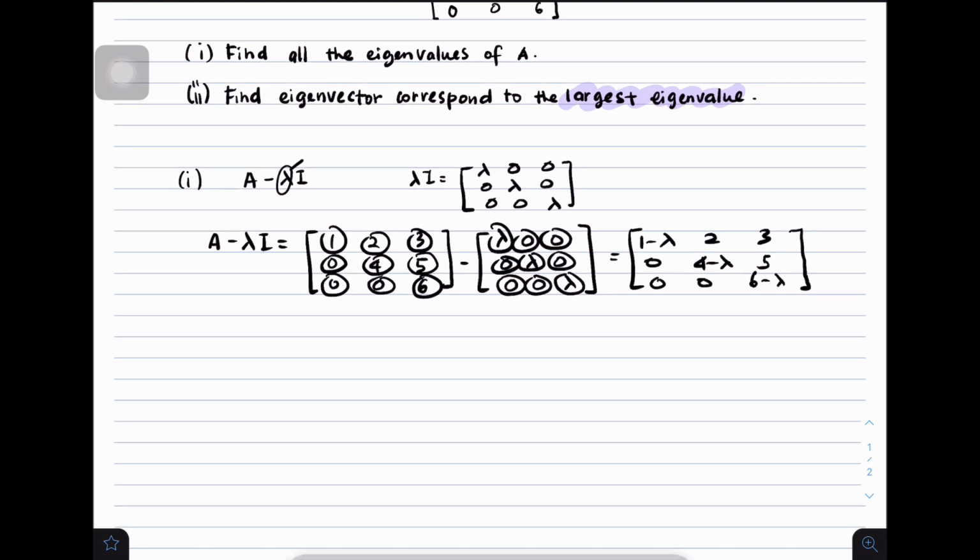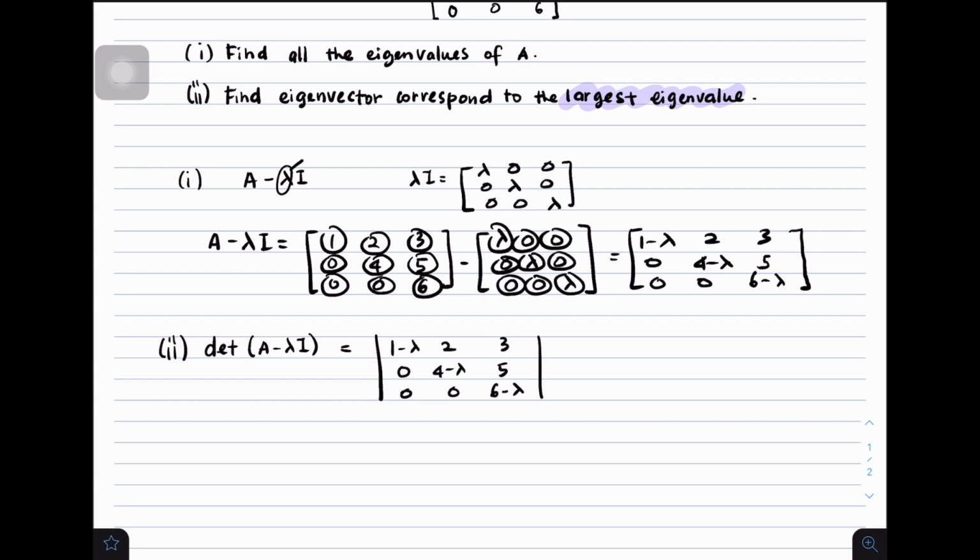Step number 2, you need to find the determinant of A minus lambda I. That means you need to find the determinant of the matrix 1 minus lambda, 2, 3, 0, 4 minus lambda, 5, 0, 0, 6 minus lambda.